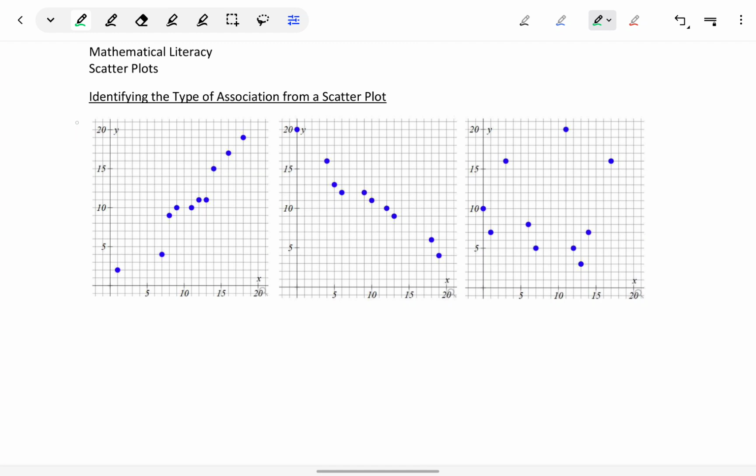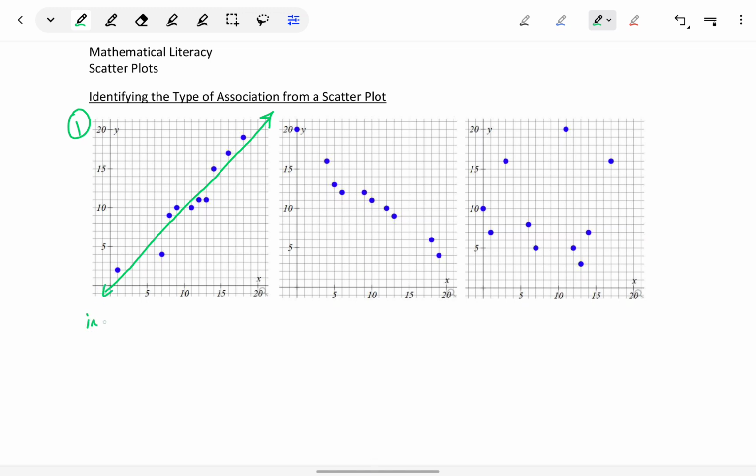So if we start with graph 1, as we look at this from left to right, we can see an increasing pattern. And if we wanted to, we could even try to draw a line that sort of fits that pattern. We won't hit all the points, but it passes through the general direction those points are headed in.